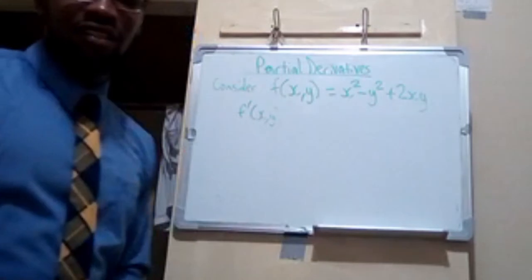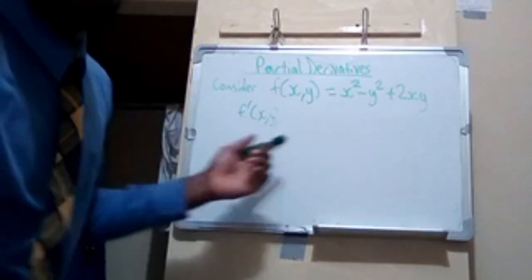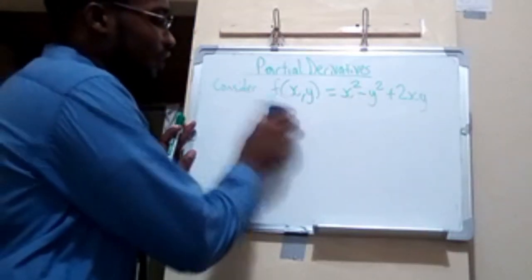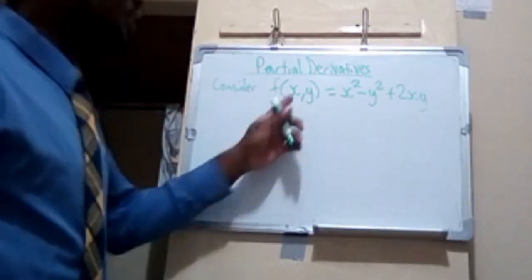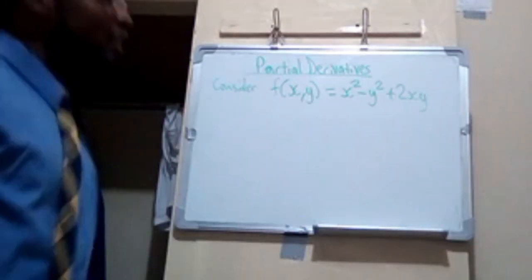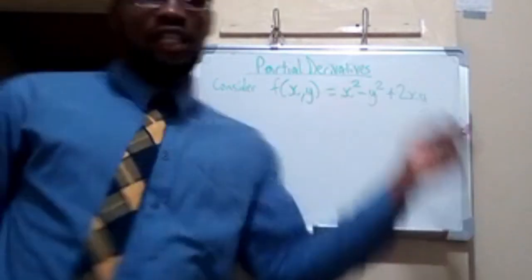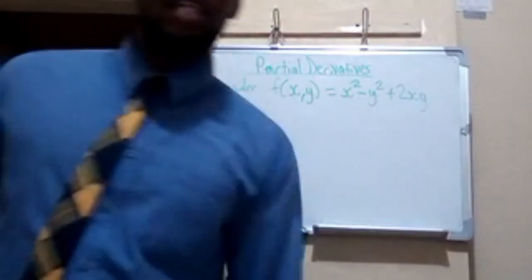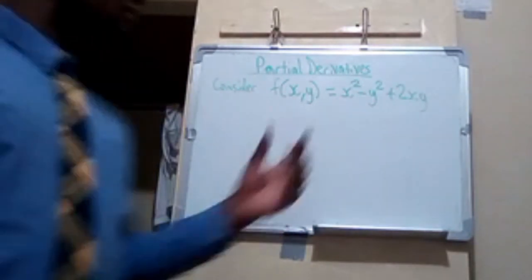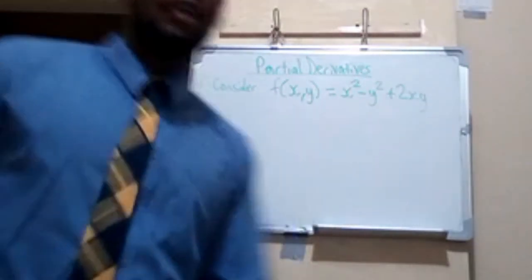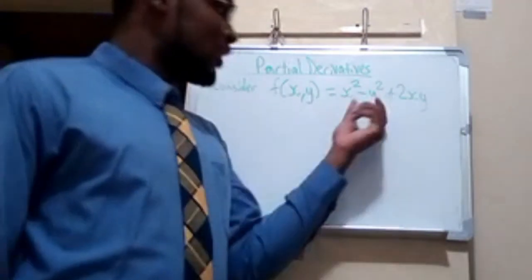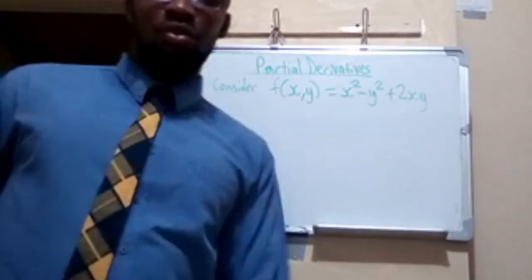That doesn't make sense. This function is written in terms of two variables, x and y. If we were to sketch this graph, it would be in three-dimensional space where we'd have our x-axis, our y-axis, and then our f of xy axis, which is the output. So we have two inputs and an output.